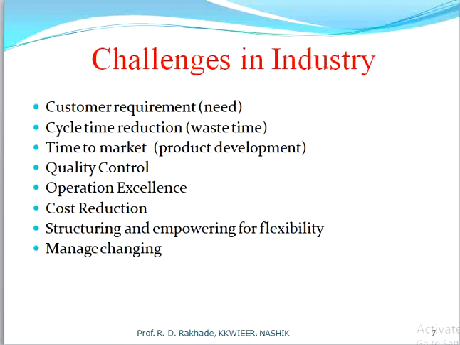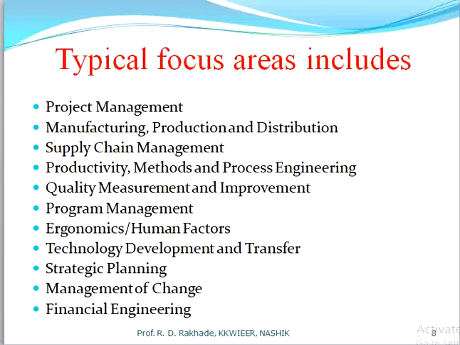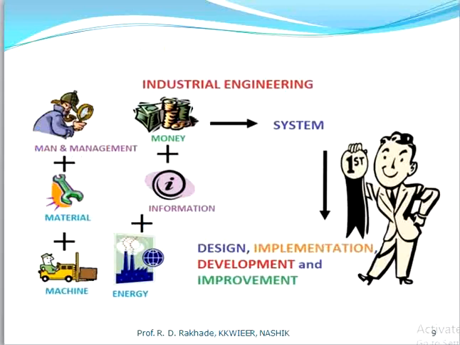Then various challenges in industry. Then typical focus areas of industrial engineering. Then what is industrial engineering? That is proper utilization of resources, proper utilization of money, information and energy of a system, which is designed, implemented and developed to improve productivity.